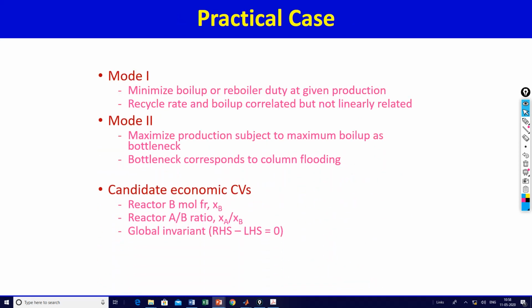So we could also have the right hand side minus the left hand side, and you are controlling this variable to 0. These global invariants have been derived from our analysis. So these are our candidate economic CVs.